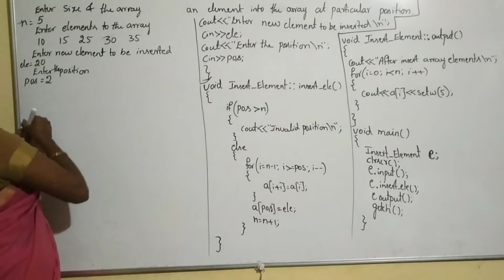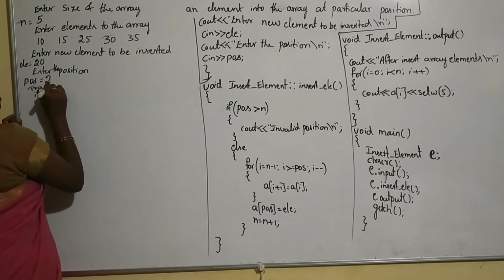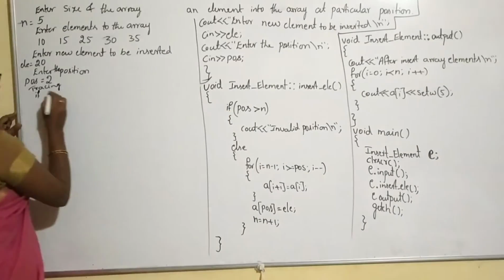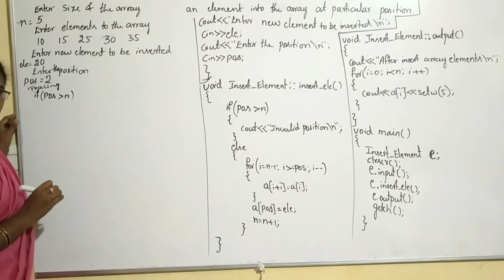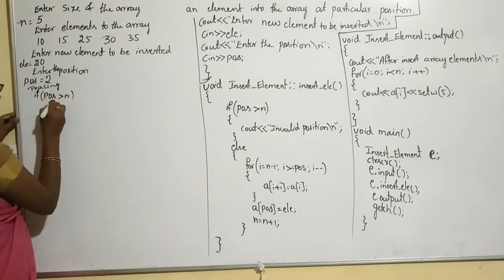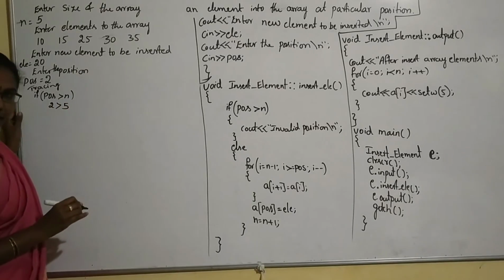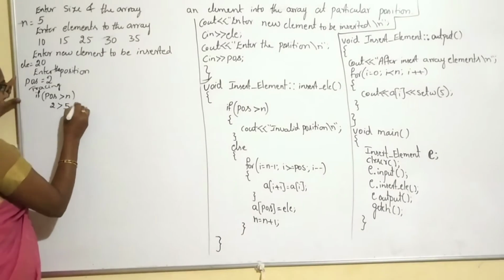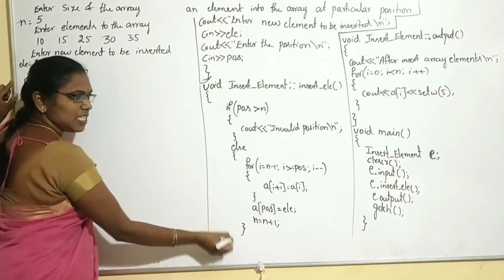The first statement is if position is greater than n. Substitute the position and n values. The position value is 2, n value is 5. Is 2 greater than 5? No. Then when the condition is false, it will go to the else clause and execute the else statements.